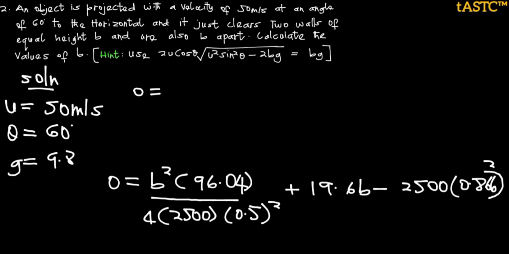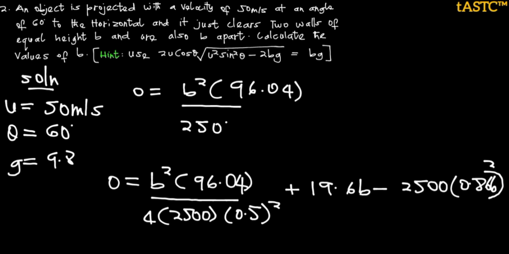Therefore, what we're going to have here is b squared, 96.04, divided by 2500. And then on this side, we're going to have 19.6b. And on this side, we're going to have a minus 1874.9.